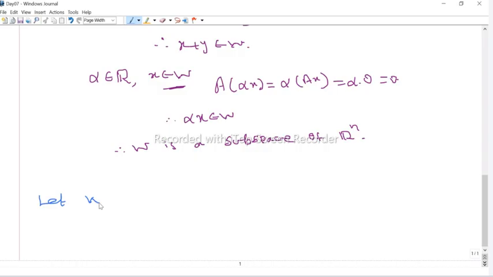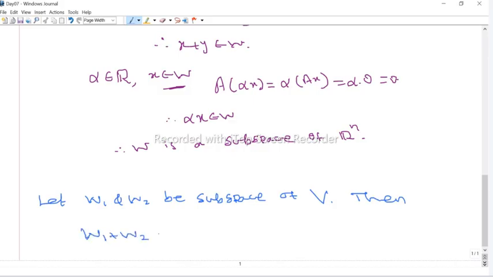Let W1 and W2 be two subspaces of a vector space V. Then the addition W1 plus W2 is the collection of all a plus b such that a comes from the first set W1 and b comes from the second set W2.